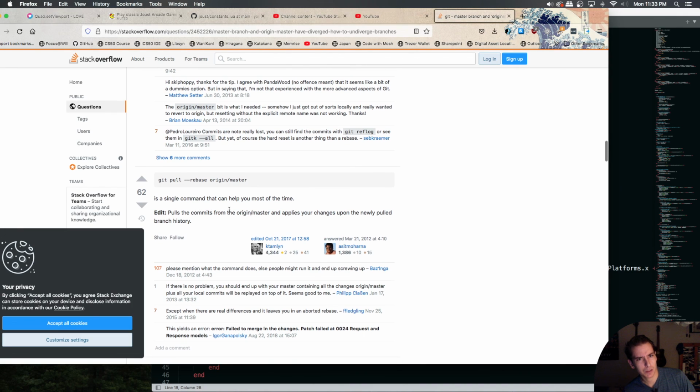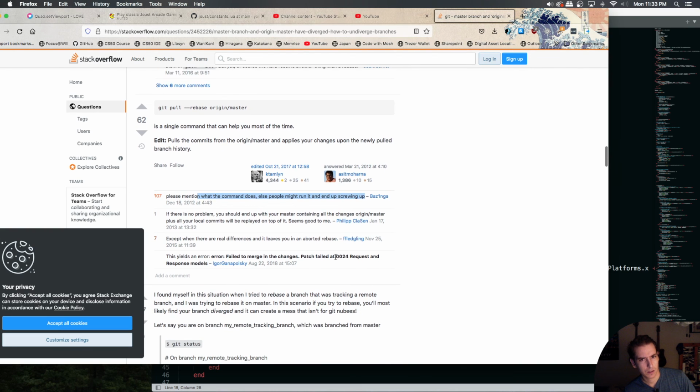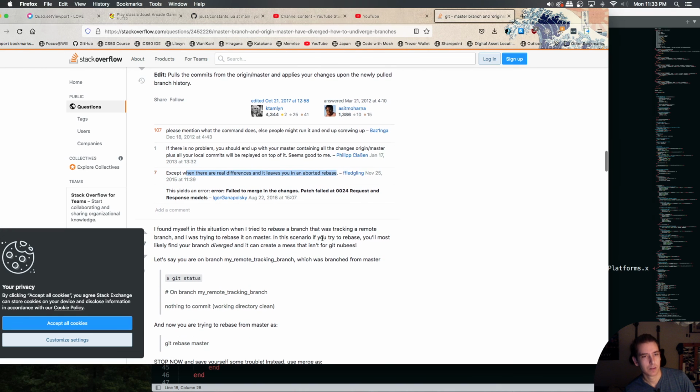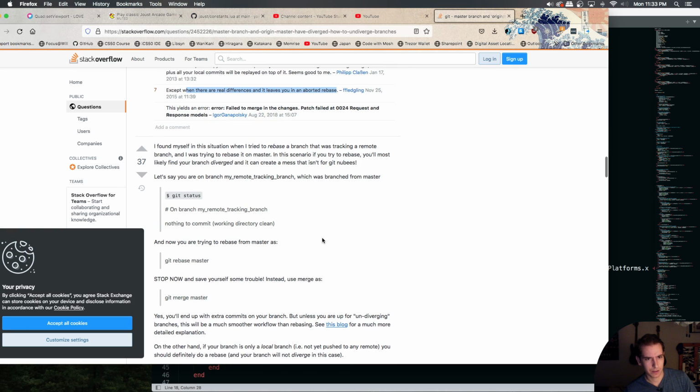It pulls the commits from the origin master and applies your changes upon the newly pulled branch history. Please mention what the command does, else people might run it and screw it up. And that's fine, except when there are real differences, that leaves you in an aborted rebase. So I'm not sure how good an answer that is.